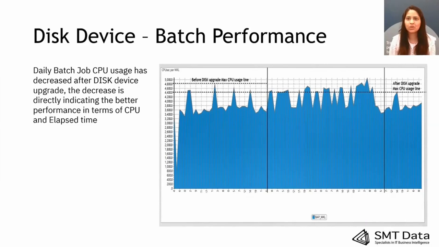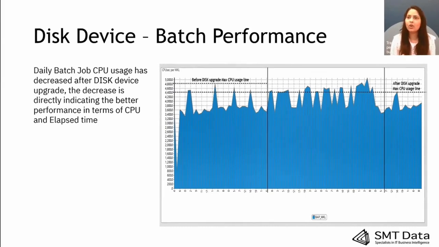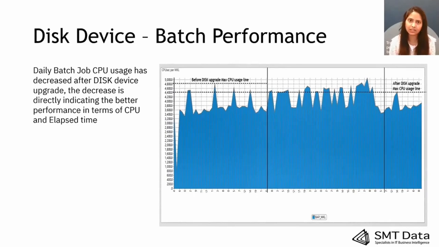You really want to know how it is helping your batch performance and how much CPU you can save with the new disk device. So it's always good to check your CPU, your elapsed time, and all your batch wait time analysis.